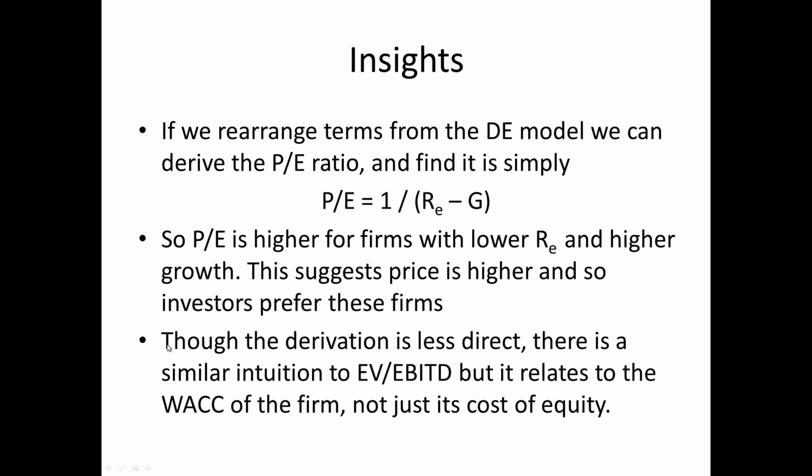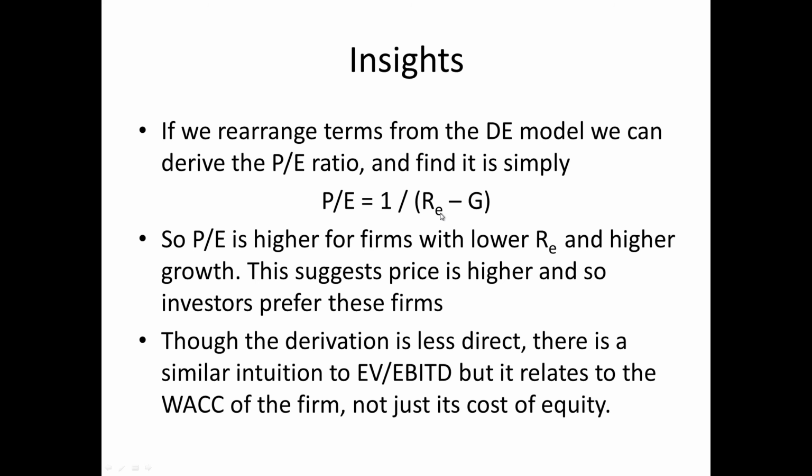As we talked about before, the EV/EBITDA, we like that even better than the PE multiple. The bigger challenge that most people have is that the derivation to get to what that ratio really means is a little bit less direct. It's a little bit harder to understand than the PE ratio. But actually, the intuition behind it is very similar. It's still 1 over a cost of capital minus a growth rate.